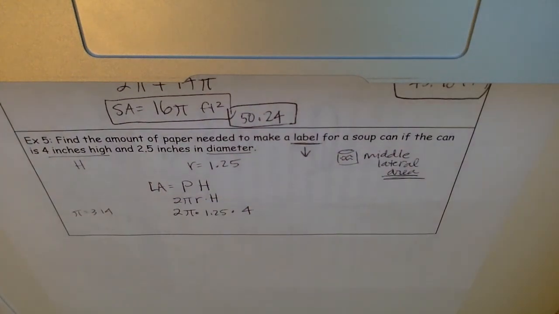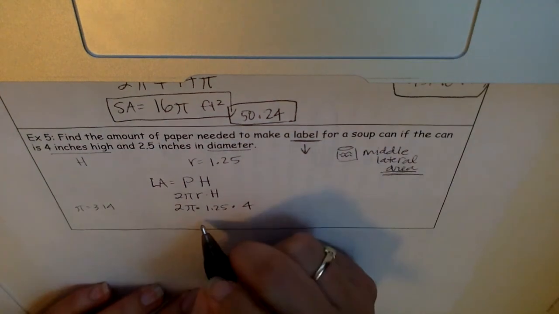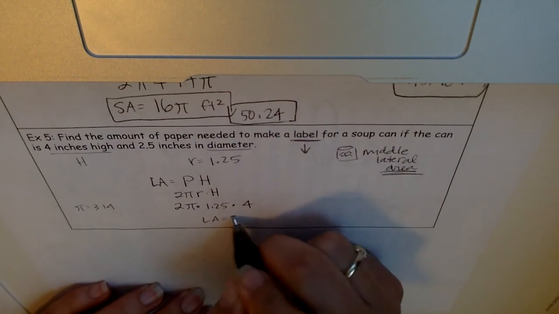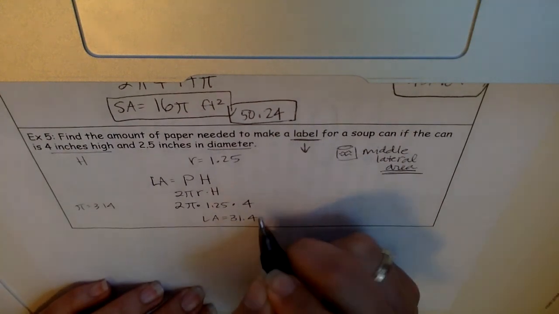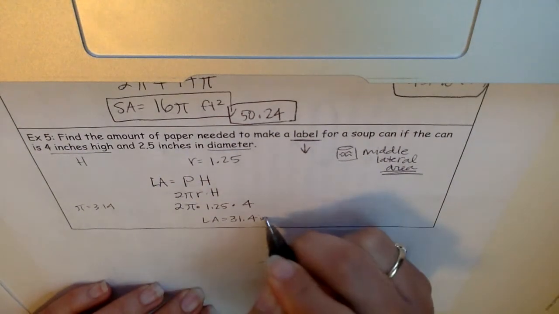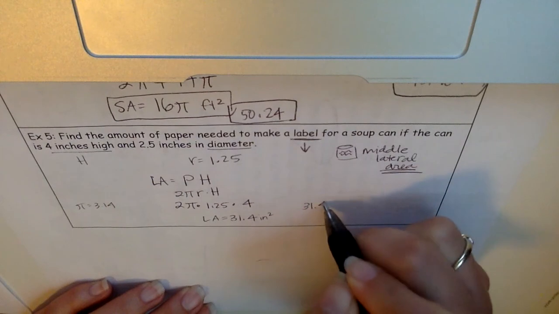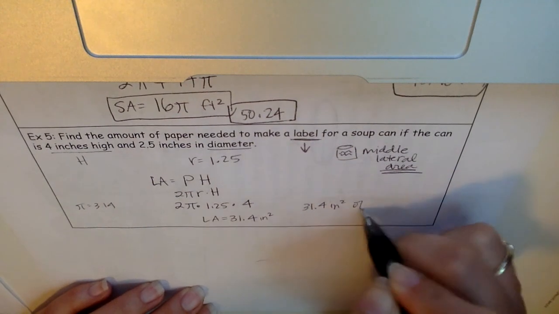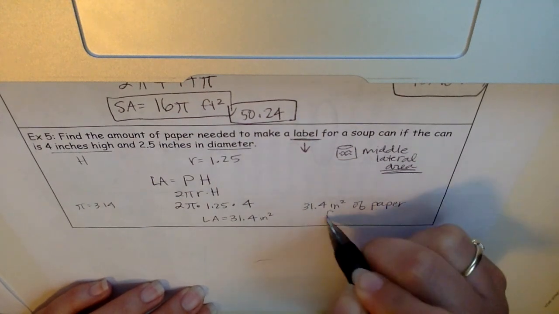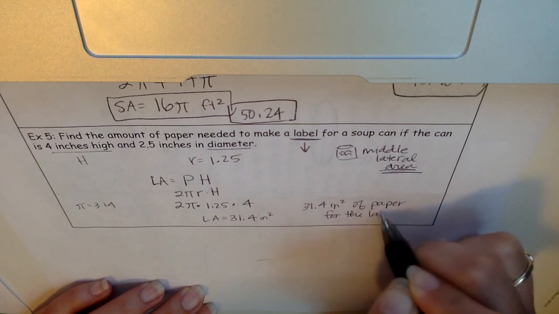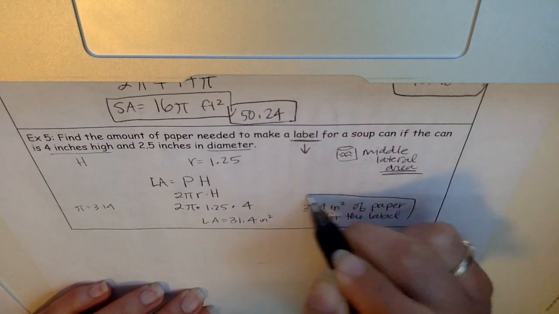So 2 times 3.14 times 1.25 times 4. And my lateral area is 31.4 inches squared. That means we need 31.4 inches squared of paper for the label. That's really what that means.